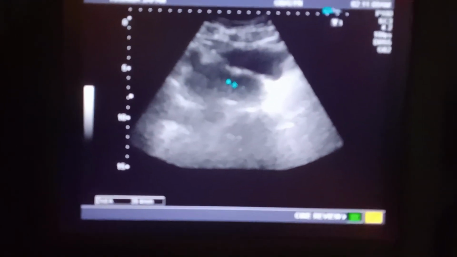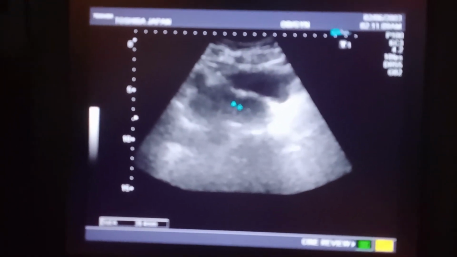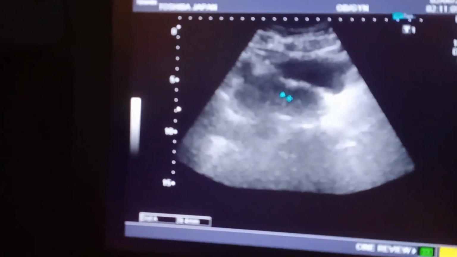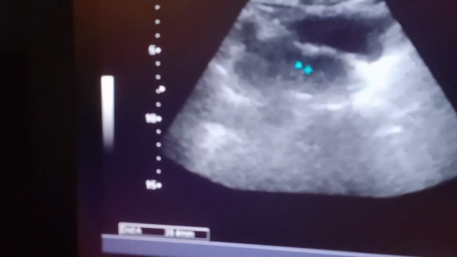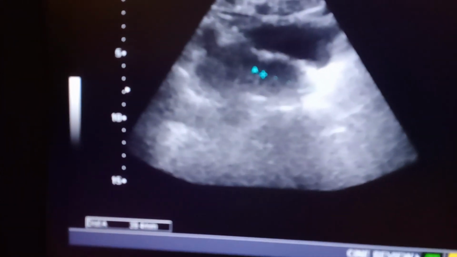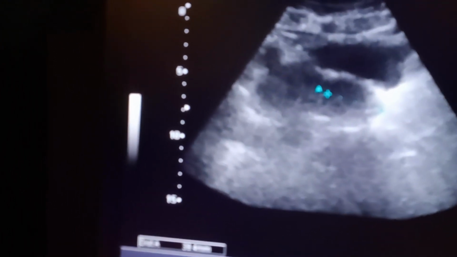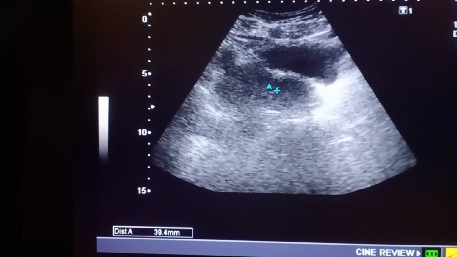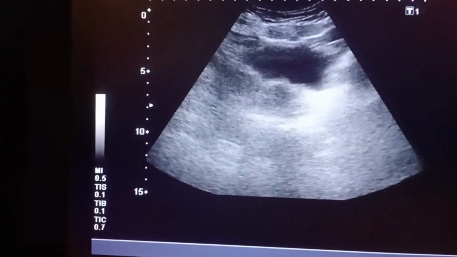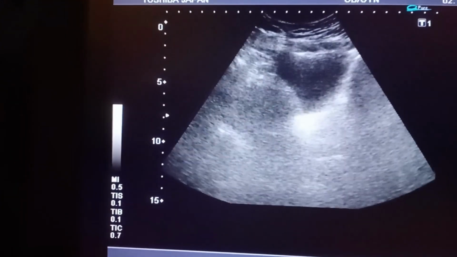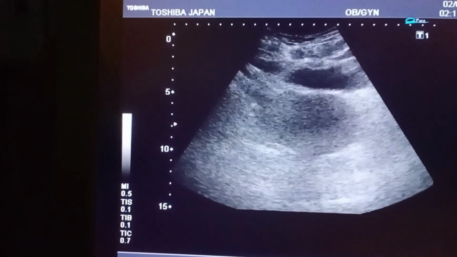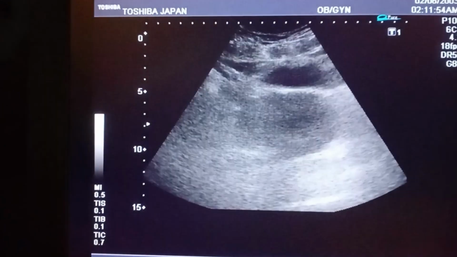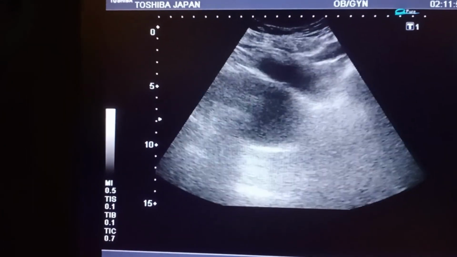Cysts are very common in young females that are in the age of reproduction, or reproductive age. They are very common in young adult ladies before marriage or even after marriage, and they usually cause heaviness and pain in the lower abdomen that can mimic acute appendicitis as well.